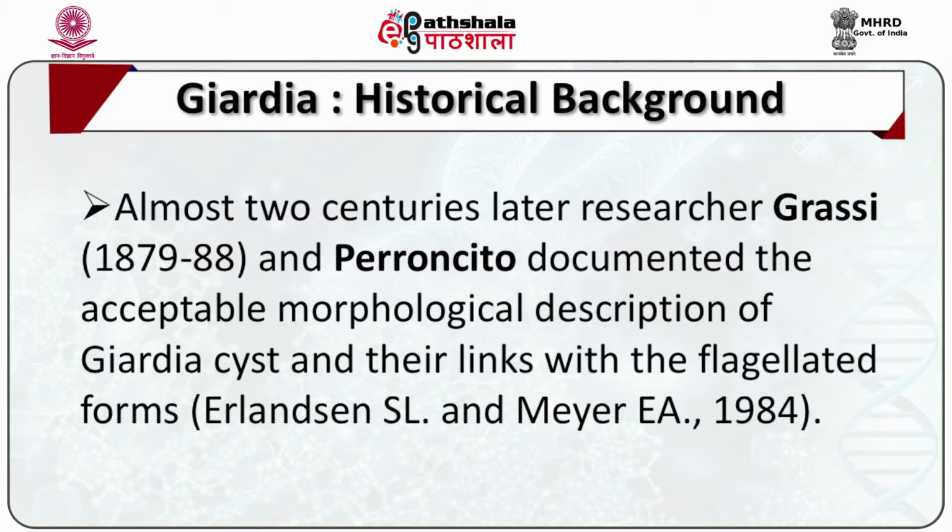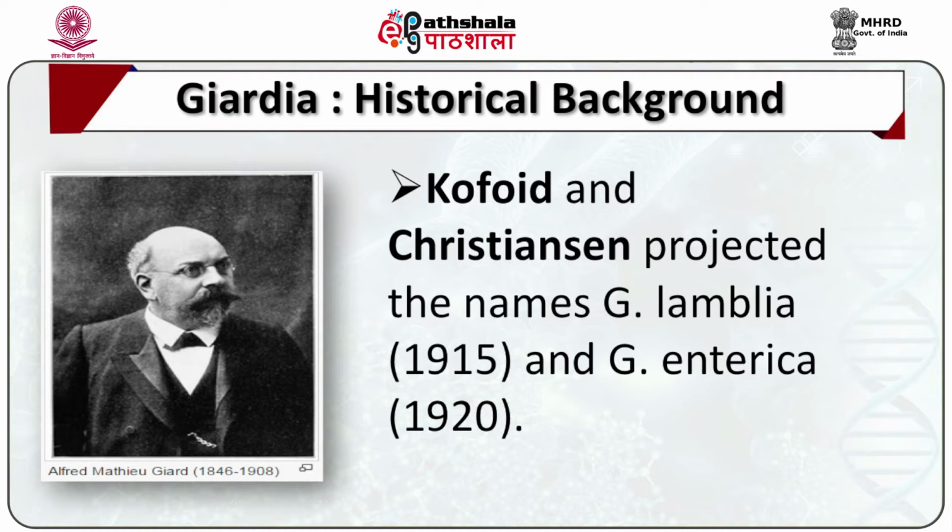Almost 2 centuries later, two researchers, Grassi and Perroncito, started working on Giardia between the years 1879 and 1888, and they documented the first acceptable morphological description of the Giardia cyst and its links with the flagellated forms. The names Giardia lamblia and Giardia enterica were proposed by two scientists, Kofoid and Christensen, in the years 1915 and 1920 respectively.